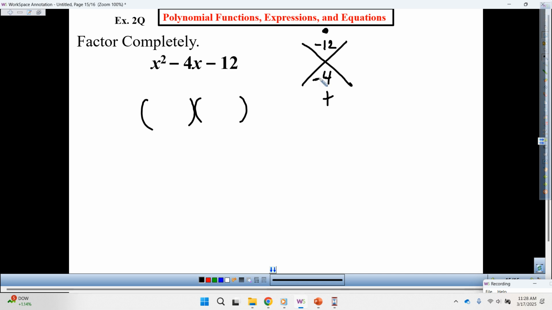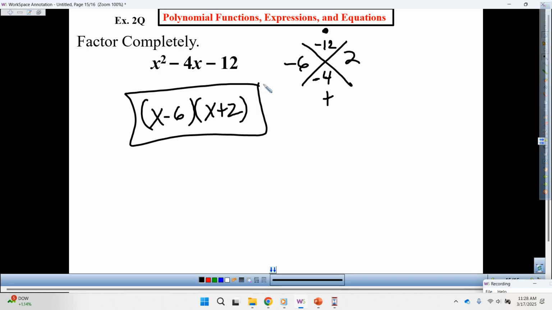All right, let's see. Factors of negative 12 that add up to negative 4. What'd you get for that? Sebastian. Negative 6 and 2, so my factors are x minus 6, x plus 2. Hands if you got that. Yeah, we got it. Let's go to the next one.